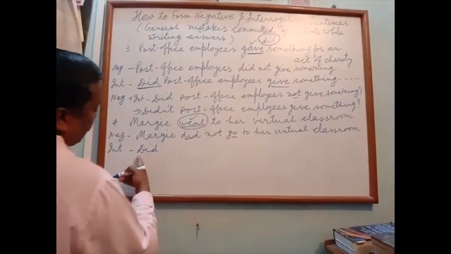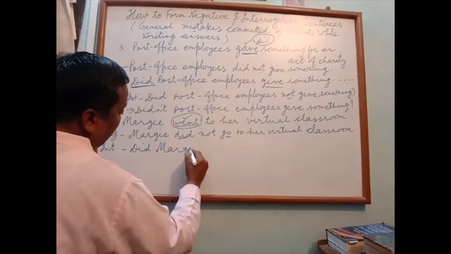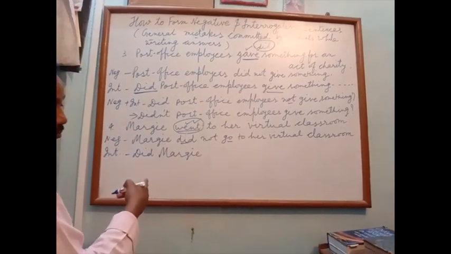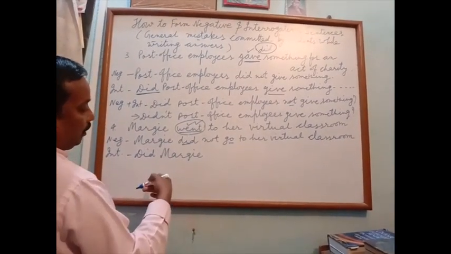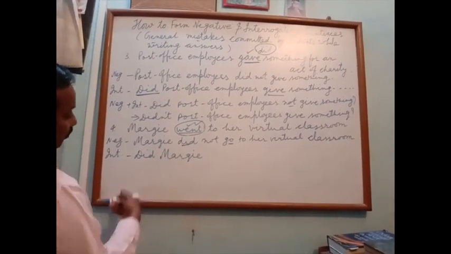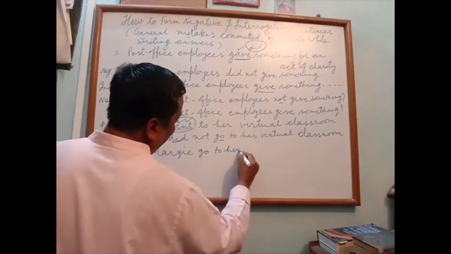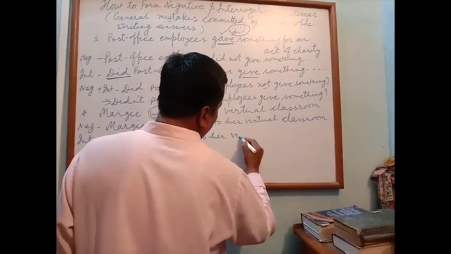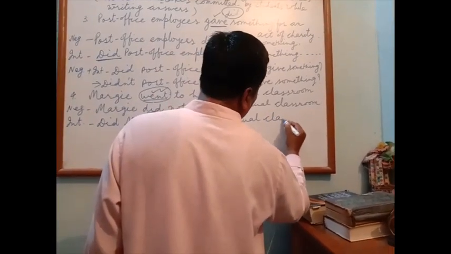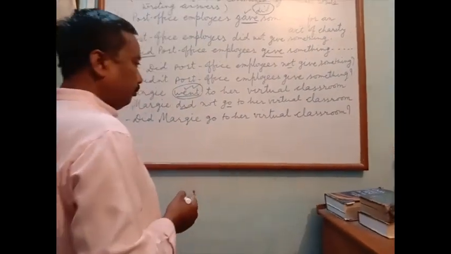Now first the helping verb, then the subject, did Margie. Now what remains here? Go. V1 remains here. V2 we have already taken out. Did Margie go to her virtual classroom? Okay.